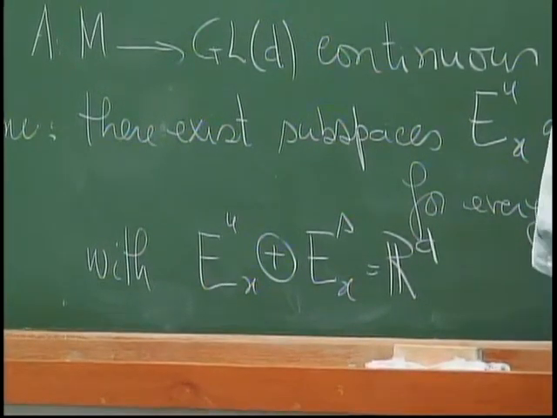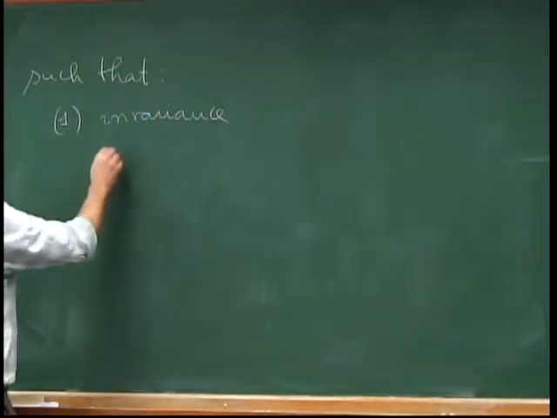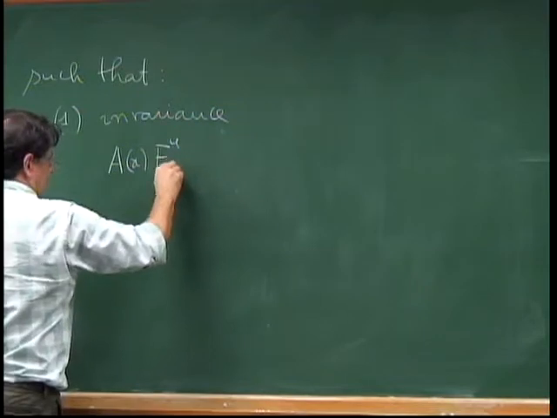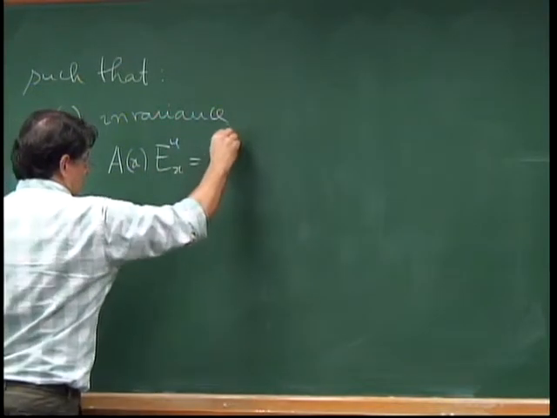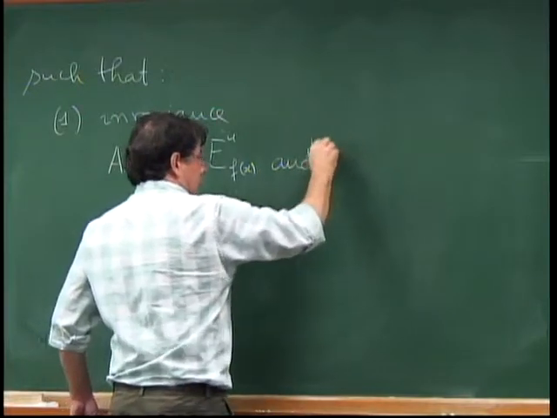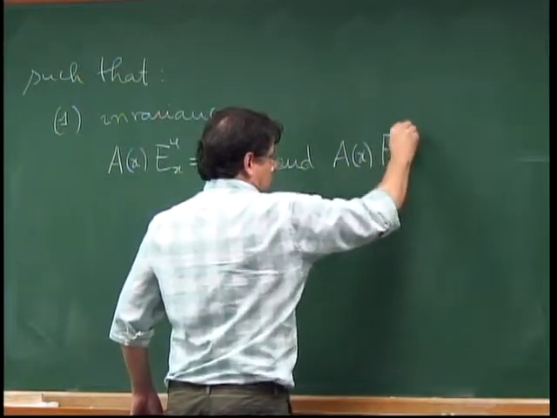The first condition is called invariance. And invariance means that A(x) applied to E^u(x) is equal to E^u(f(x)). And the same thing is true for E^s.